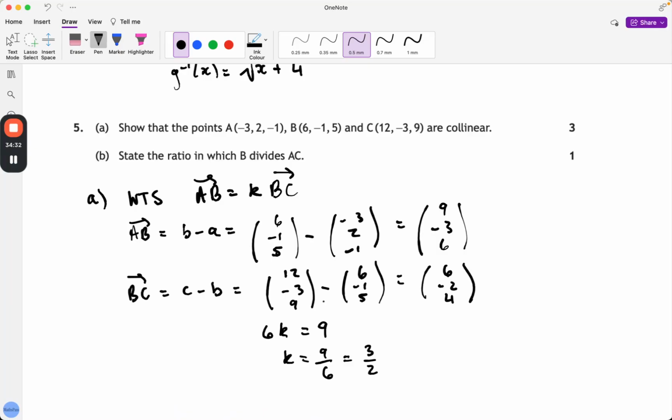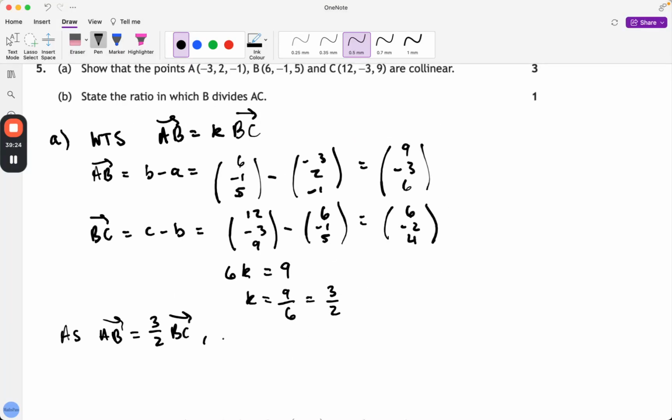We can now say that as AB is equal to 3 over 2 BC, A, B, C are parallel, because that's proven that they're parallel.